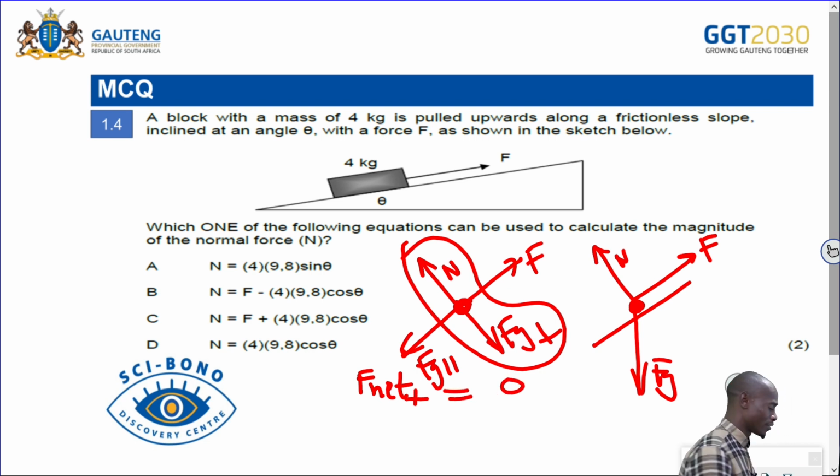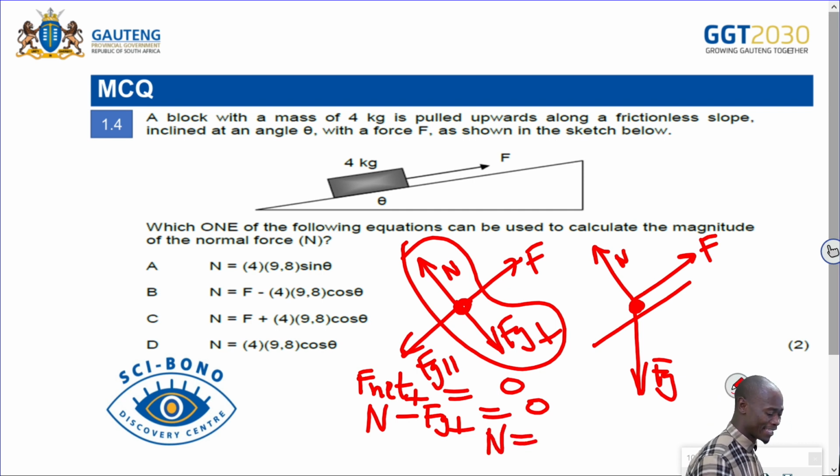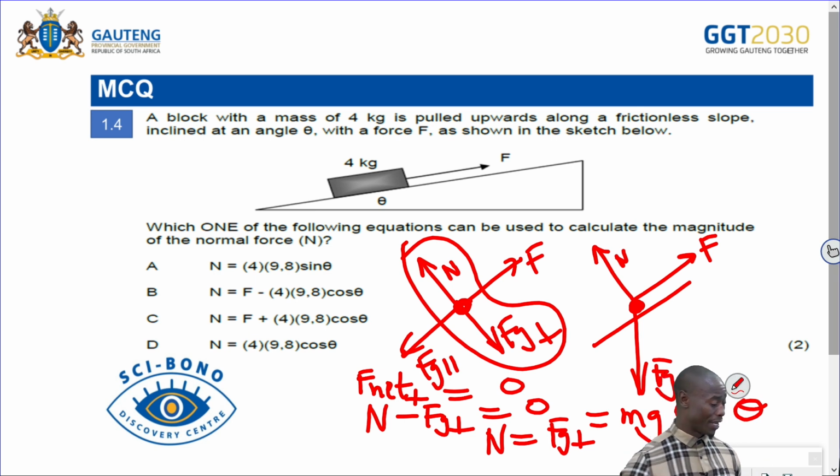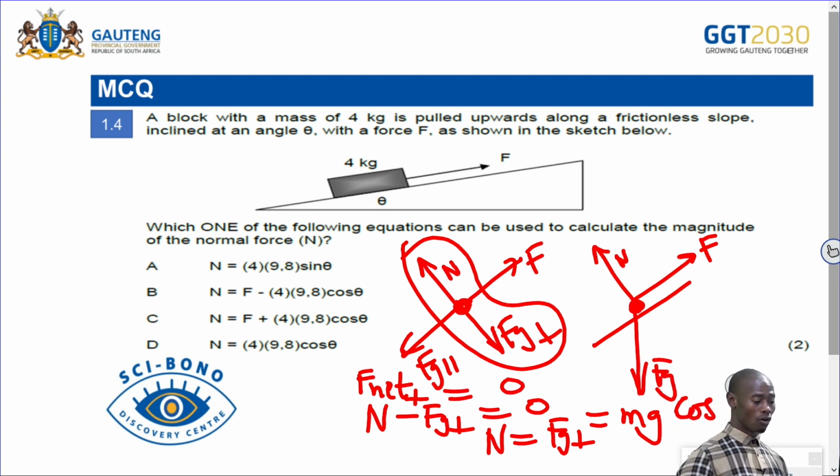Those perpendicular forces are N minus Fg perpendicular, which equals 0. So N is equal to Fg perpendicular. And how do we calculate Fg perpendicular? Our Fg perpendicular is given by mg cos theta, not sine. Sine is for the parallel component of weight. So it's mg cos theta.